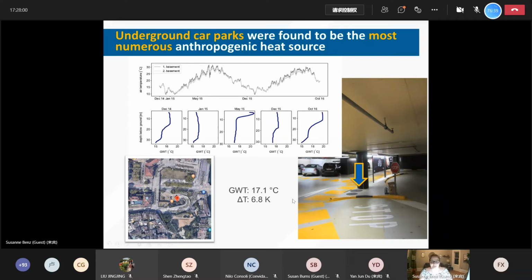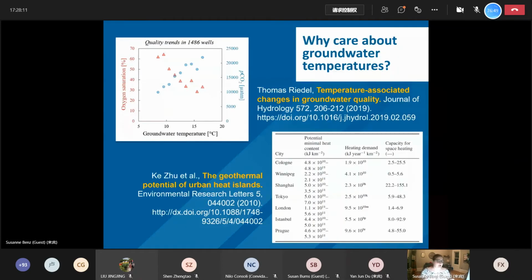Okay, now I spent a good 10 minutes just telling you where waters are hot and how hot they are. Now it's actually time to tell you why we should care about all of this. So why should we care that not just is our city hot, also the subsurface is hot? Well, an increase in groundwater temperatures is associated with a decline in groundwater quality.